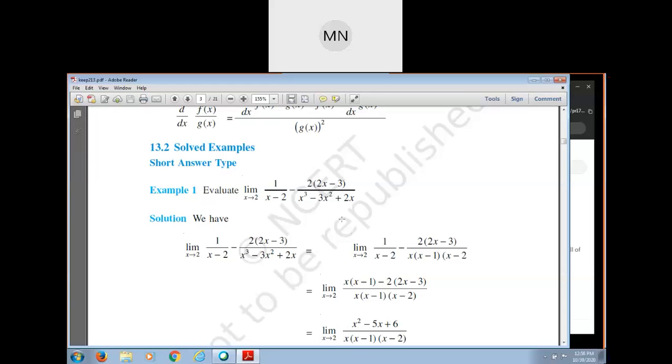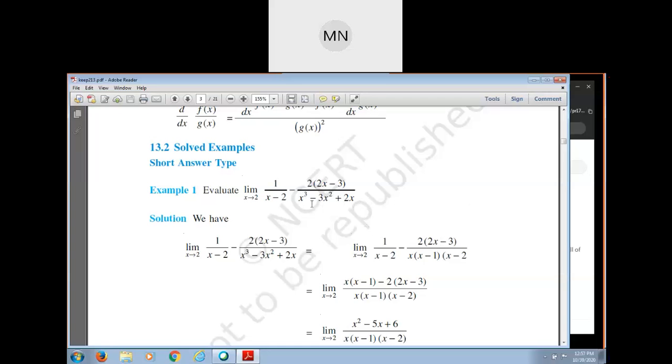In that case you have to factorize the polynomial function. The first term is 1 by x minus 2, and the second term is 2 into twice x minus 3 over x cube minus thrice x square plus twice x.